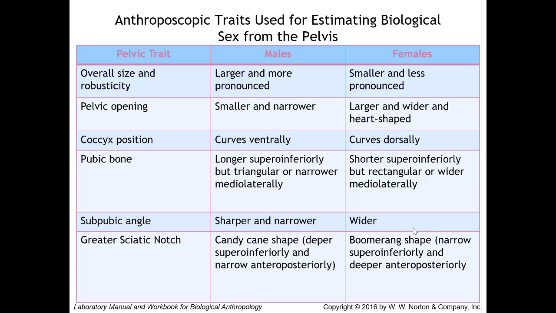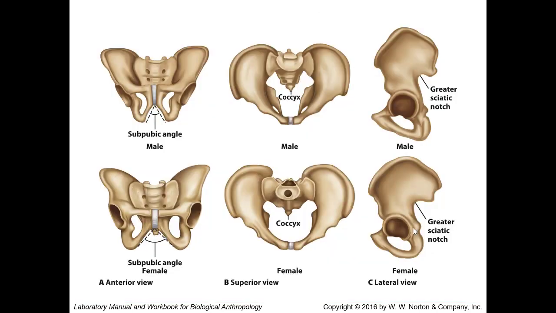So to put it all together, so you have an idea of what I'm talking about, let's look at pictures. So again, overall size and robusticity, males tend to be larger and more pronounced than females are. So our pelvic opening is smaller and narrower in males, larger and wider and heart-shaped in females.